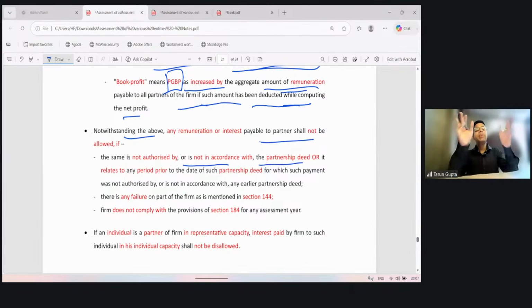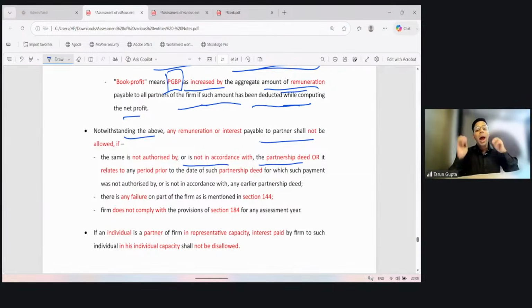So if the partnership deed explicitly doesn't say about payment of interest, the rate, and the payment of remuneration and the amount of such remuneration or manner of computation of remuneration, if the partnership deed is silent, then such interest or salary shall not be allowed. So the partnership deed must authorize the payment of interest or salary to the partner.